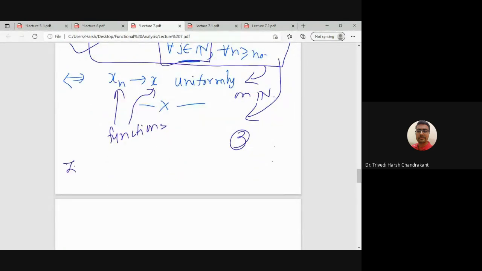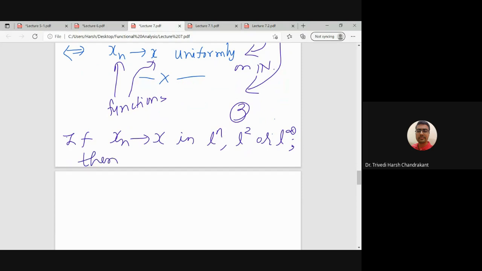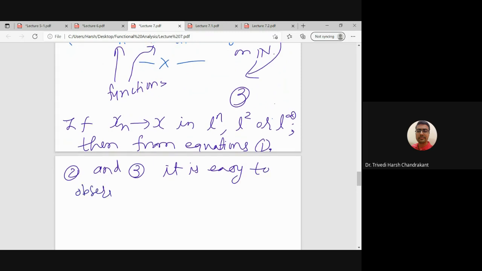So if x_n converges to x in L1, L2, or L infinity, any of them, then from equations 1, 2, and 3, it is easy to observe that x_n^j converges to x_j as n tends to infinity, right?